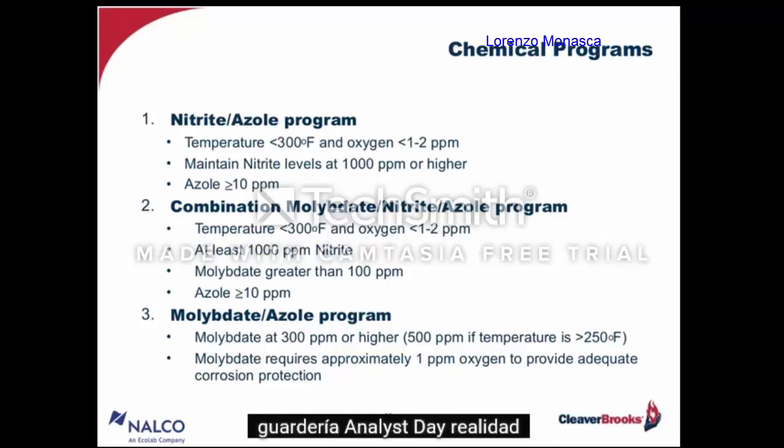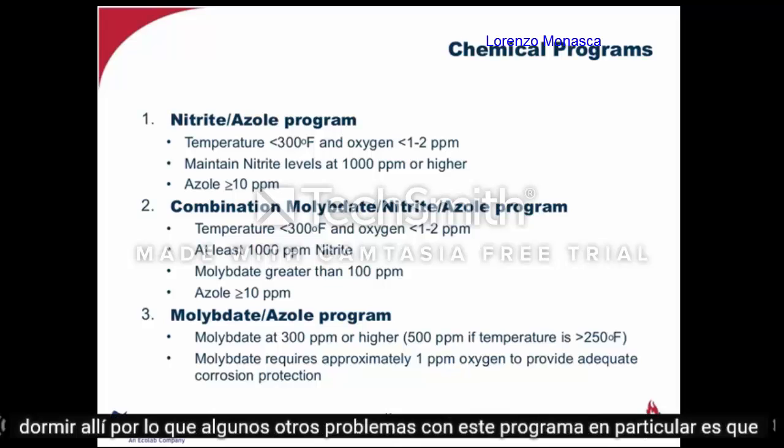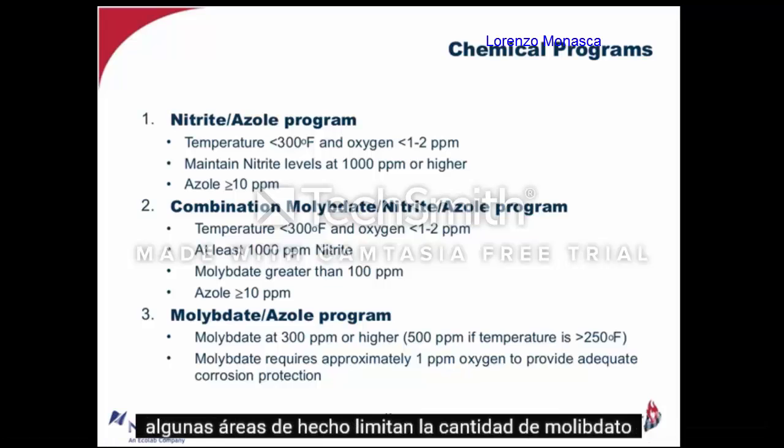And molybdate actually likes oxygen. But, you know, we don't want to go to high oxygen levels because of the nitrite. We'll deplete that. So some of the problems with this particular program is that some areas actually limit the amount of molybdate discharge. So then you'd have a hard time using this program. The last one, again, with molybdate and azole.